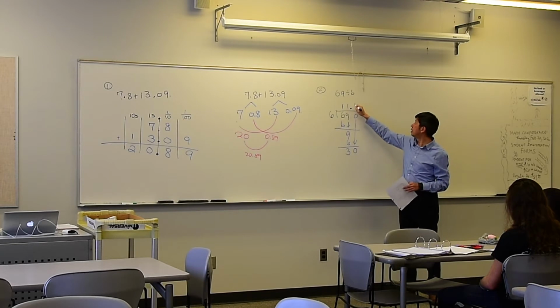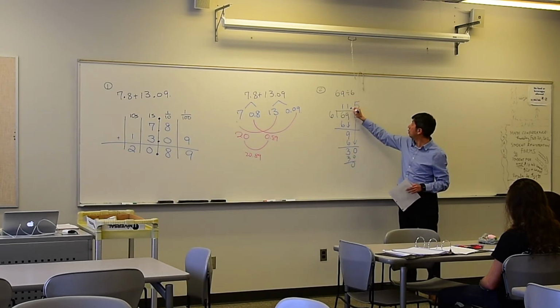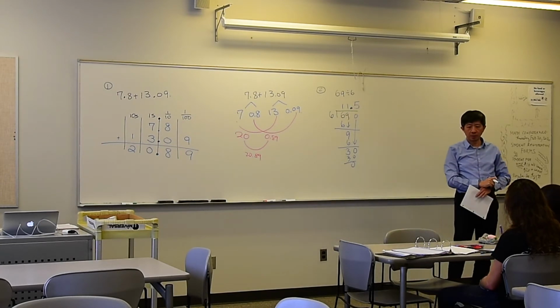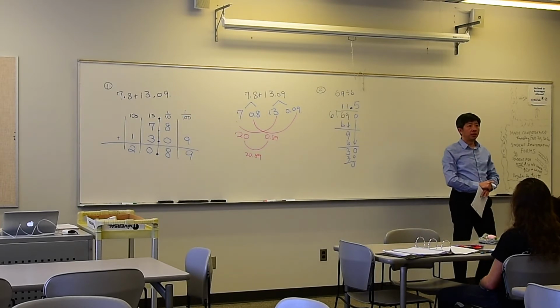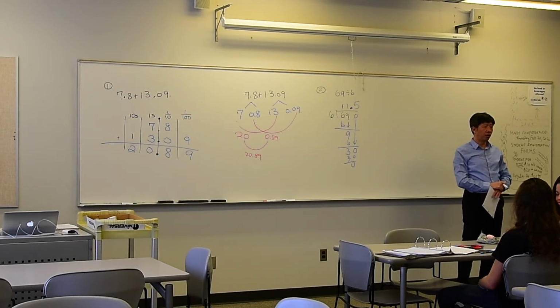Well, 5, yes. 5 times 6, 30. So therefore, 11.5, right? Or you can either put a 0 as a placeholder. Does that make sense to you? Long division, right? I think a lot of people learned long division, right?